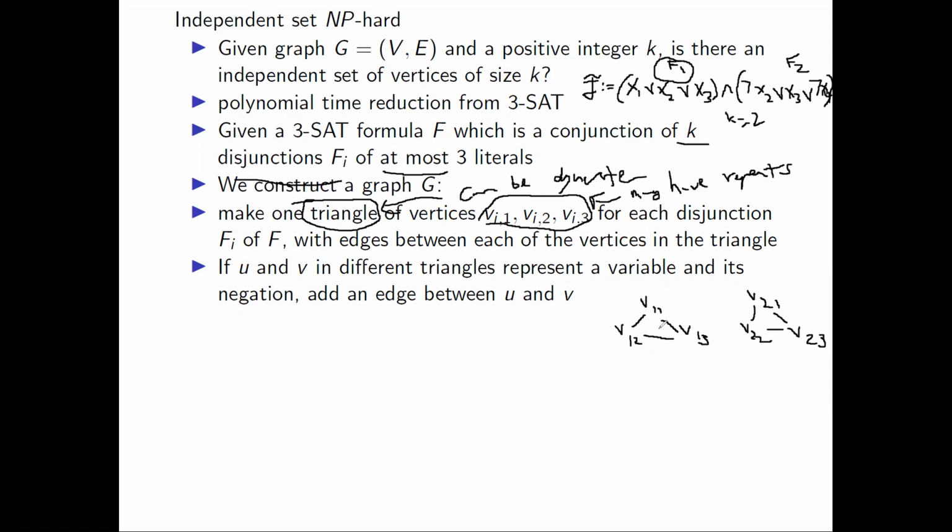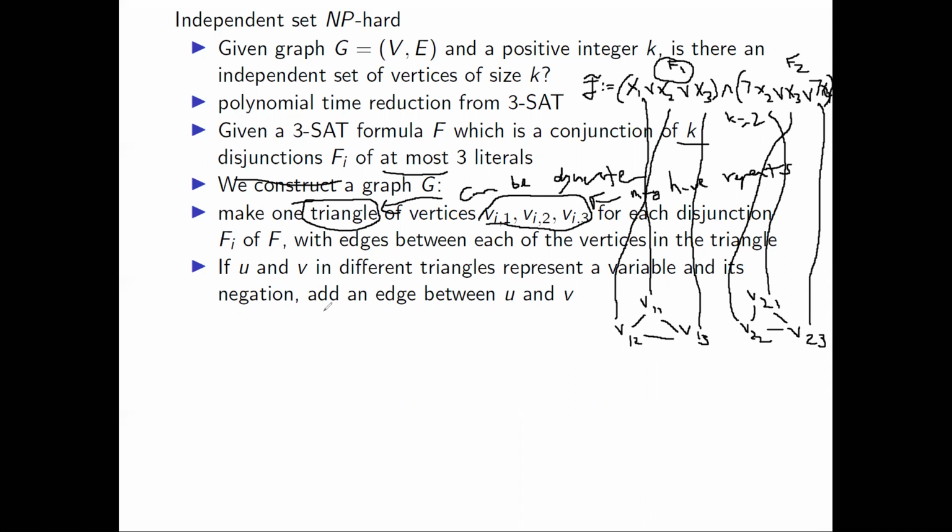The V11 represents the x1, the V12 represents the x2, and the V13 represents the x3. The V21 represents the not x2, the V22 represents the x3, and the V23 represents the not x4.